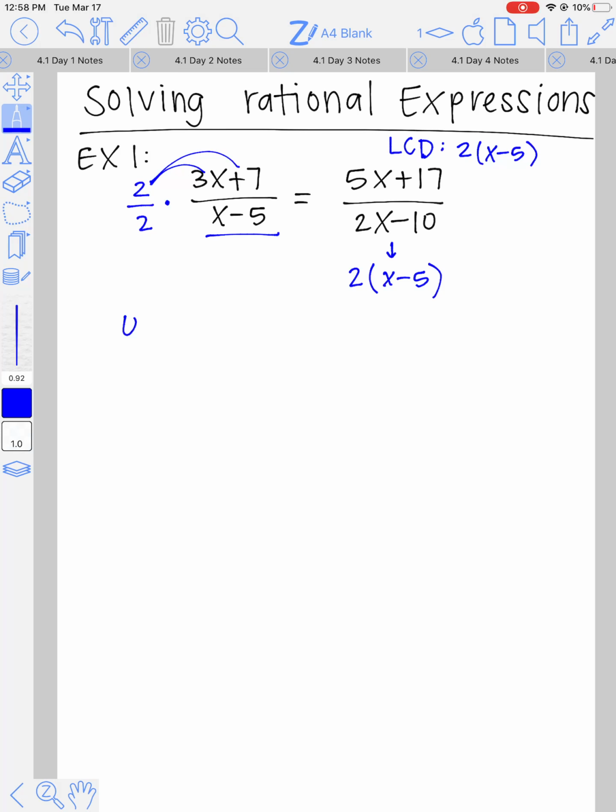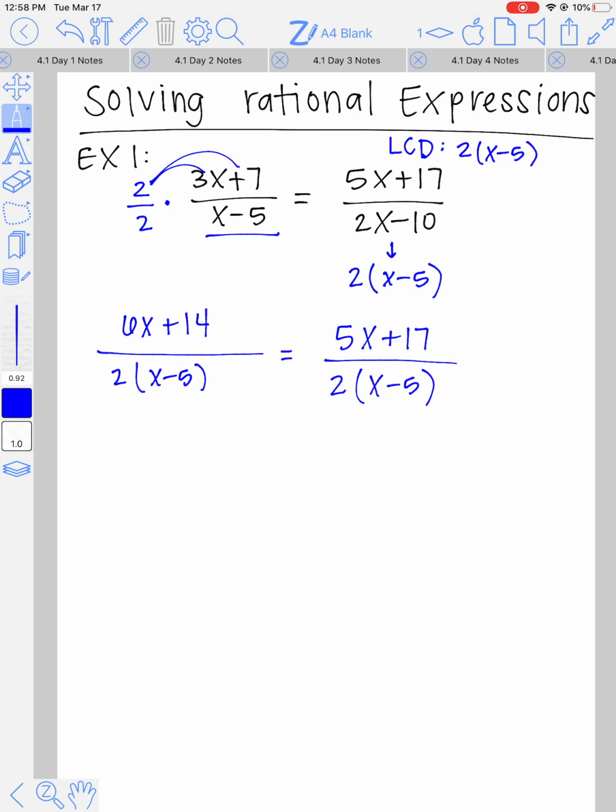So if I do that, I'm left with 6x plus 14 over 2 times x minus 5 on the left side. On the right side, I'm just going to leave it as is since it's already the common denominator. So 2 times x minus 5. Okay, so that got us one step closer to solving for x.